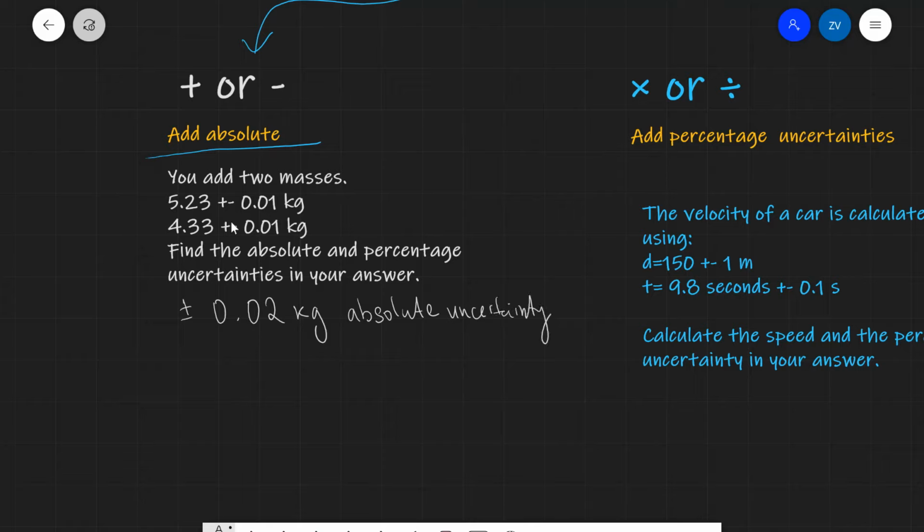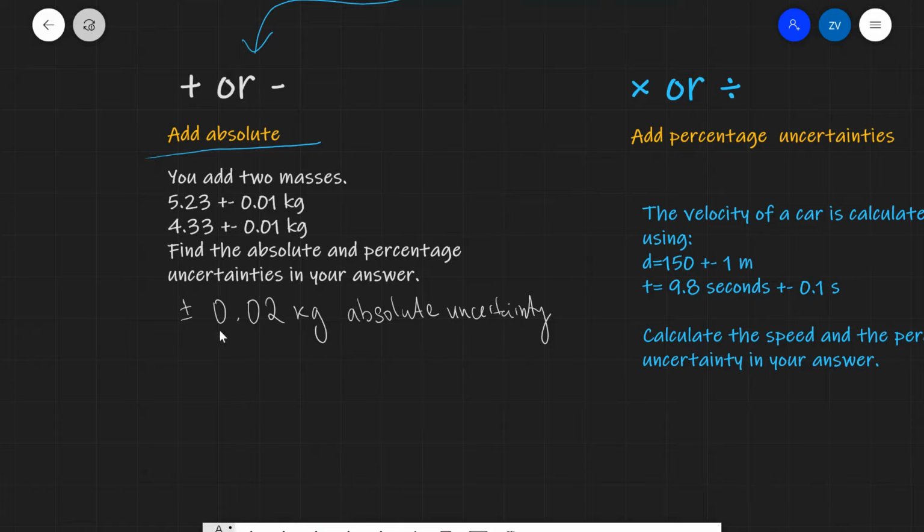And this is because we are adding the quantities, and if we add or subtract the quantities, we add the absolute uncertainties. Really important thing to mention as well is that we never subtract. Even if we were finding the difference between them, the absolute uncertainty in our answer will still be plus or minus 0.02 kilograms.